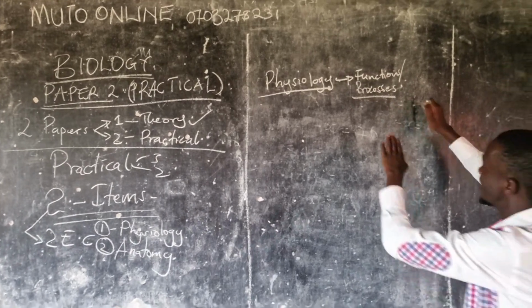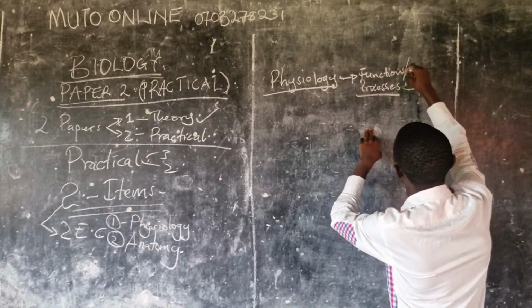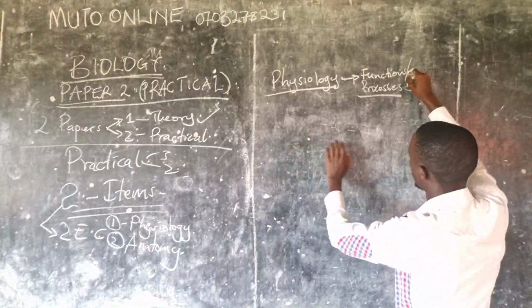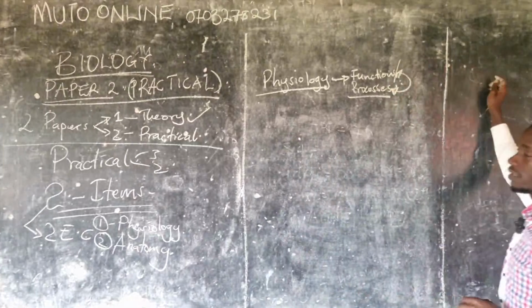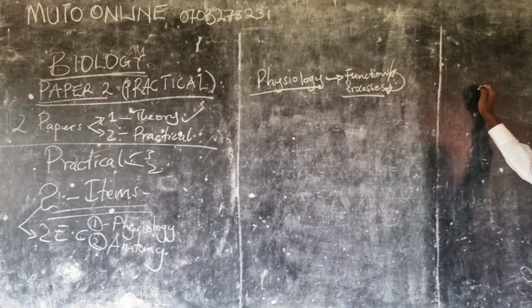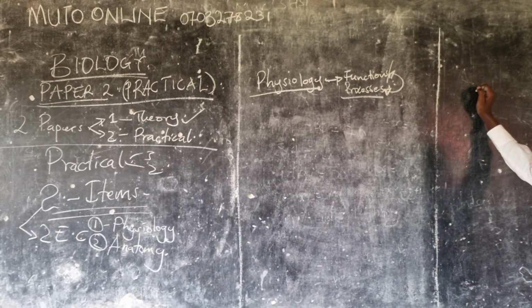We are going to look at the details of how the different structures of animals and plants function and the different processes that occur in them.